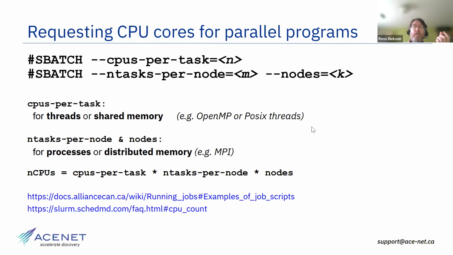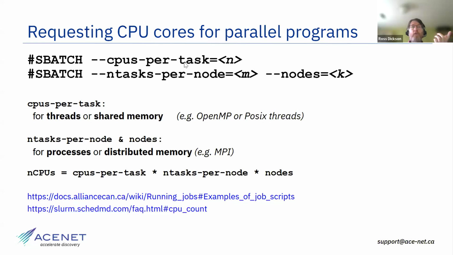And the thing that's important for you to know is there are two broad classes of parallel programs. First is threaded or shared memory programs, or multi-threaded. These are all words for the same thing. So that's the first class. And the second class is distributed memory or process parallel programs. It's also possible to have hybrids that are both at the same time. But we have two different parameters for requesting CPUs from Slurm.